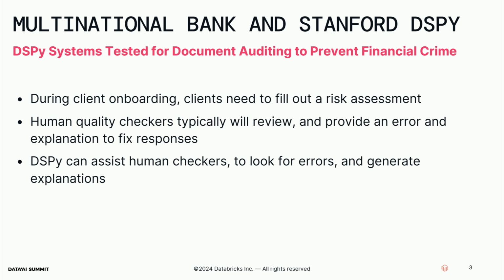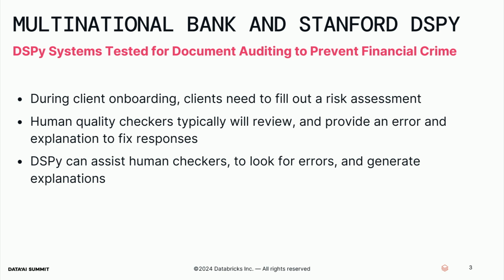A multinational bank is testing DSPy to streamline the client onboarding process and enhance the risk assessments. During the client onboarding process, each client completes a risk assessment form, managing financial risks through the completion of this form. Traditionally, human quality checkers would review these assessments, identify these sources of funds, and then give feedback in terms of what the sources of funds are, with reasoning for that.